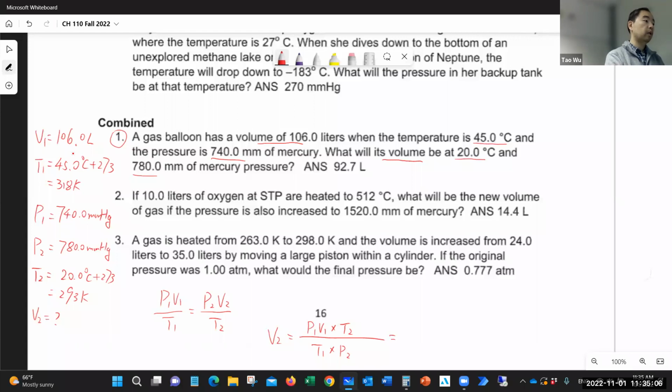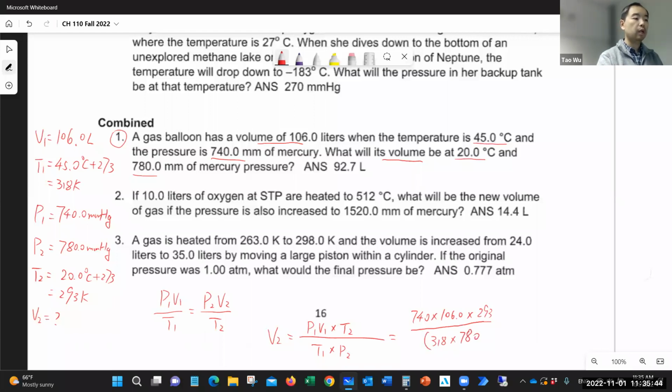And another beauty of making the list is that you can easily replace the symbols with numbers, and you won't mess up when you do the calculations. So P1 is 740, times V1, which is 106.0, times T2, which is 293, divided by T1, 318, times P2, 780.